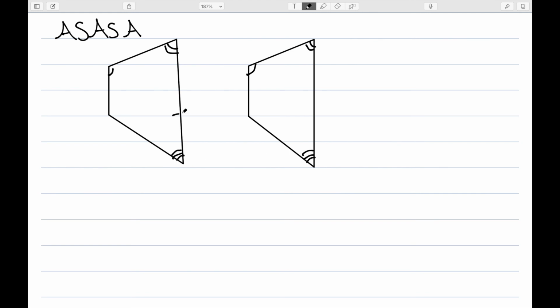And the sides between them to be congruent. And I won't directly go through the proof of this one or drawing the picture, but the idea is the same. Break it up into 2 triangles that you show are congruent. And so we use the idea of corresponding parts to get that these entire quadrilaterals are congruent.